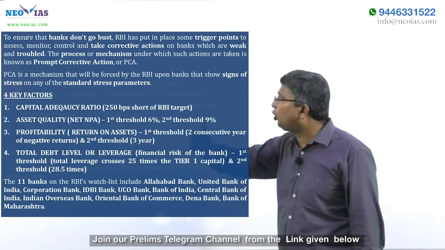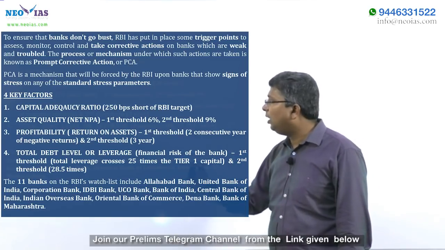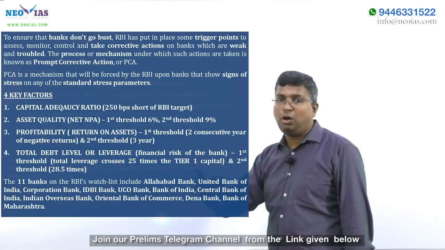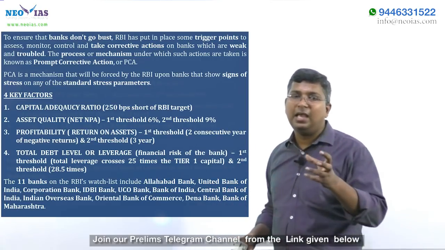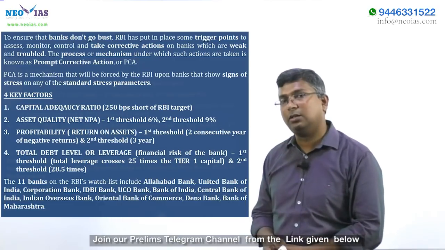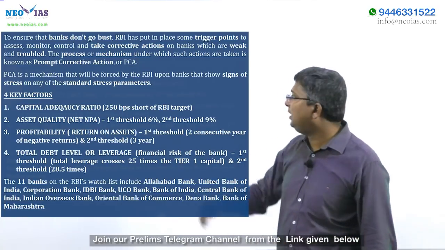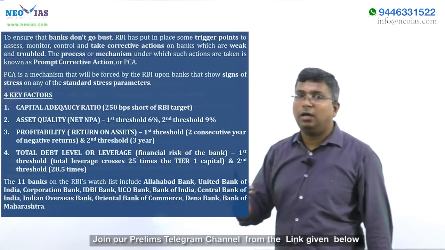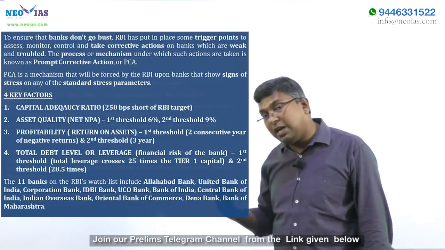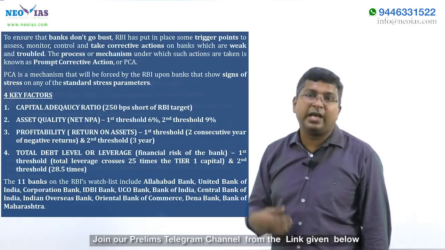The first threshold limit is if any bank has 6% of net non-performing assets out of its total advances. Then the bank will break the first threshold limit, and RBI will ask the bank to take some corrective action.